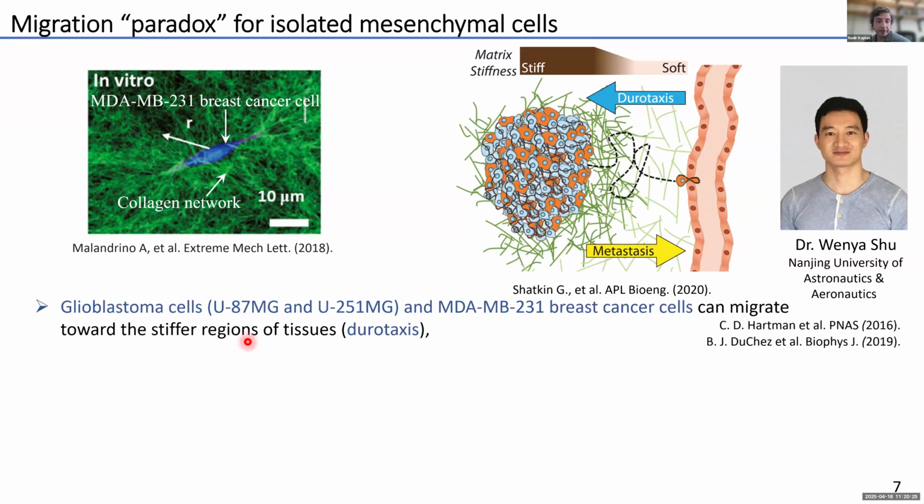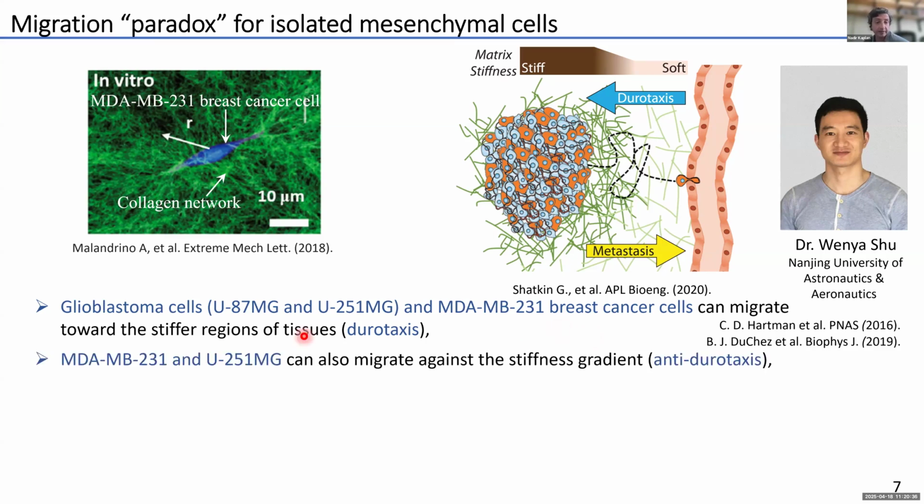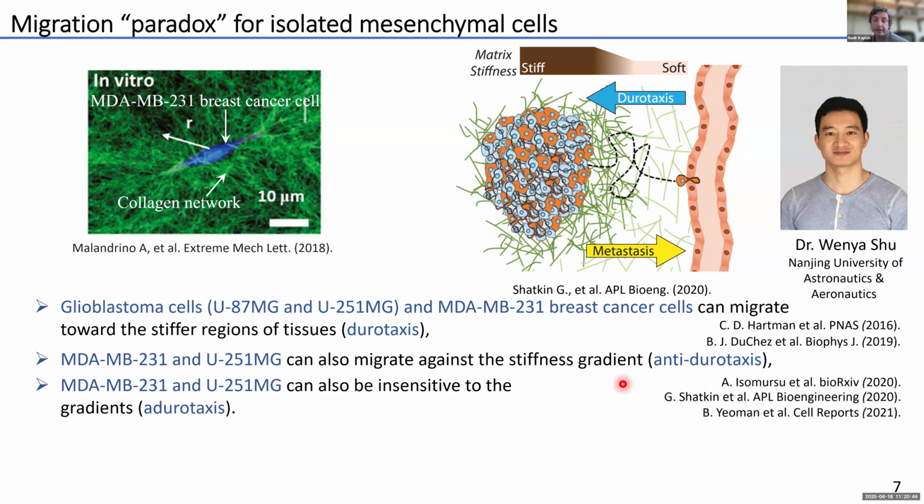Stepping back, in the context of durotaxis, there are glioblastoma cells and breast cancer cells that can do that. But these breast cancer cells can also switch to migrating against stiffness gradients, called anti-durotaxis. They can also decide to be insensitive to the gradients.